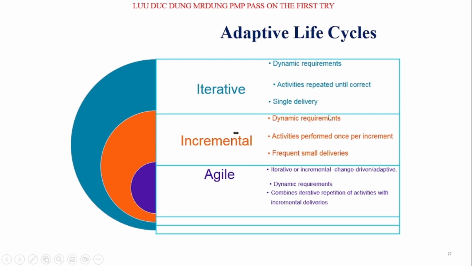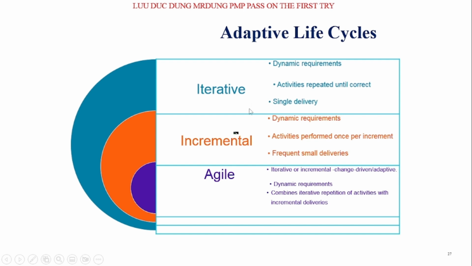Incremental: dynamic requirements, activity performed once per increment, frequent small deliveries. And agile: iterative or incremental, change-driven, adaptive, dynamic requirements; it combines iterative repetition of activities with incremental deliveries.